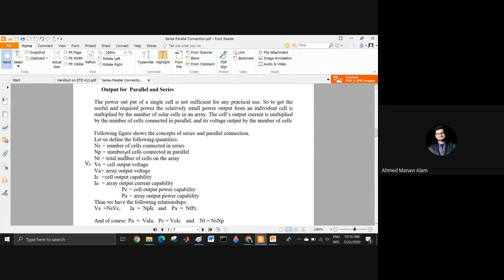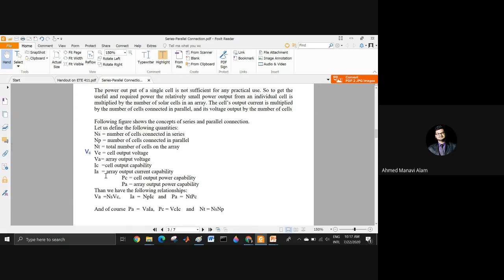Suppose ns is the number of cells connected in series, np is the number of cells connected in parallel, and nt is the total number of cells in the array.